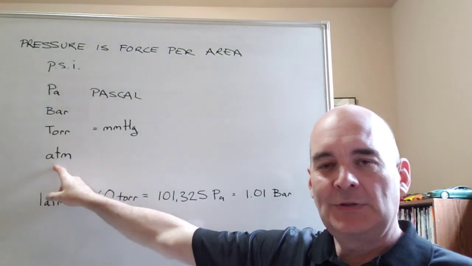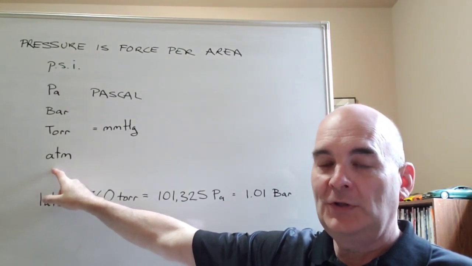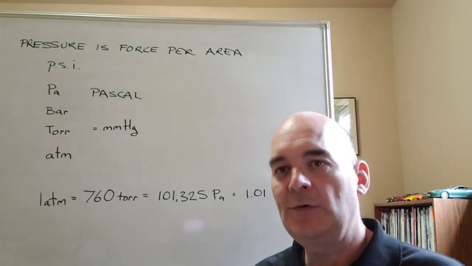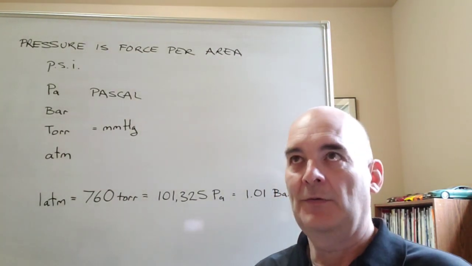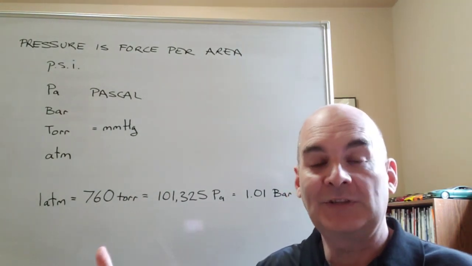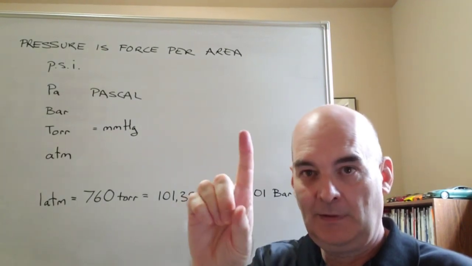And then we finally get to the unit that we're going to use. And the unit that we're going to use is the atmosphere. And the atmosphere very, very simply says that the amount of pressure that I'm experiencing right now from the atmosphere is 1.